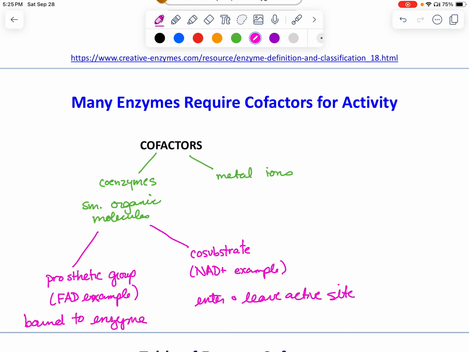Some enzymes need these coenzymes to be functional. If we make the enzyme but the cofactor is not yet added, you'll see the term sometimes apoenzyme. So before the cofactor is added, it's not functional.